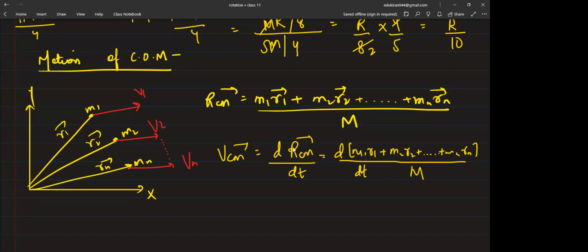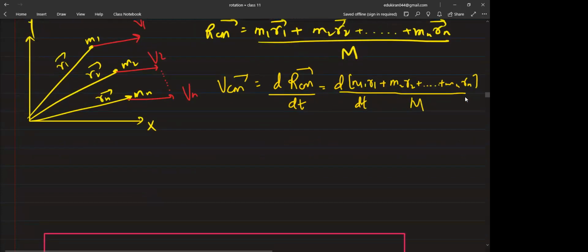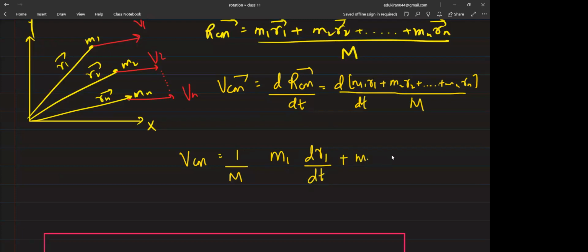When you are differentiating this, VCM is there. 1 by m can be taken common because it's a constant term. m1 will be taken outside and you'll be left with dr1 over dt plus again m2 then dr2 over dt, so till drn by dt.